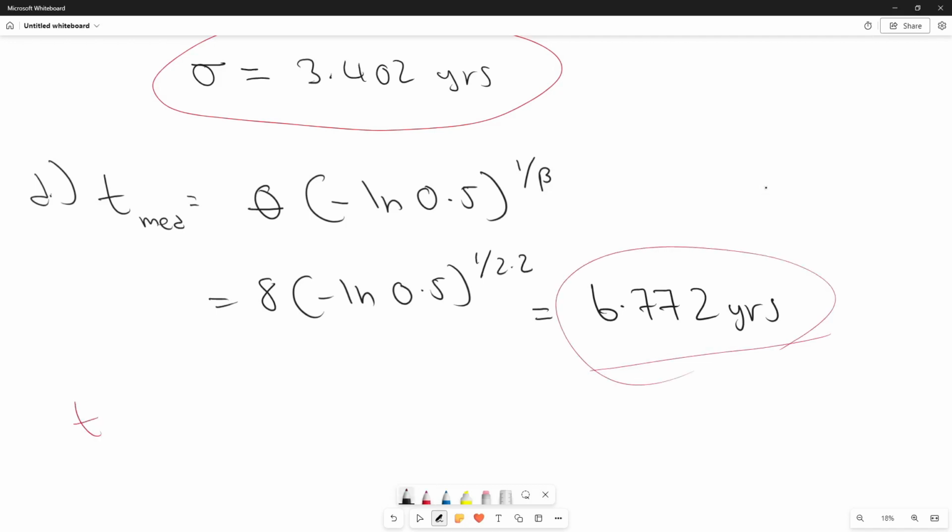T mode is almost the same formula: theta times 1 minus 1 over beta raised to the power 1 over beta.